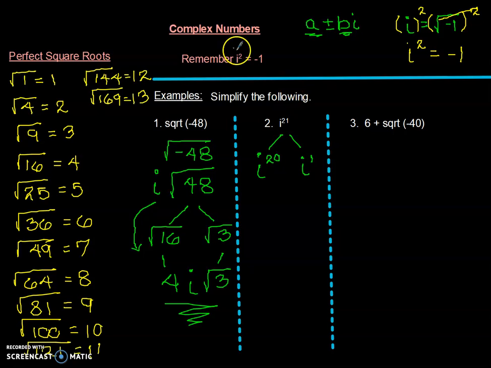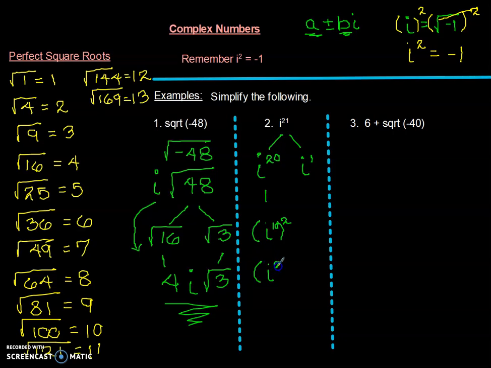Well, remember i squared equals -1, right? So I'm going to rewrite this as i to the 10th power, and I'm going to square it. Remember, when you have a power to a power, you multiply. So this would be the same thing as i to the 20th power.